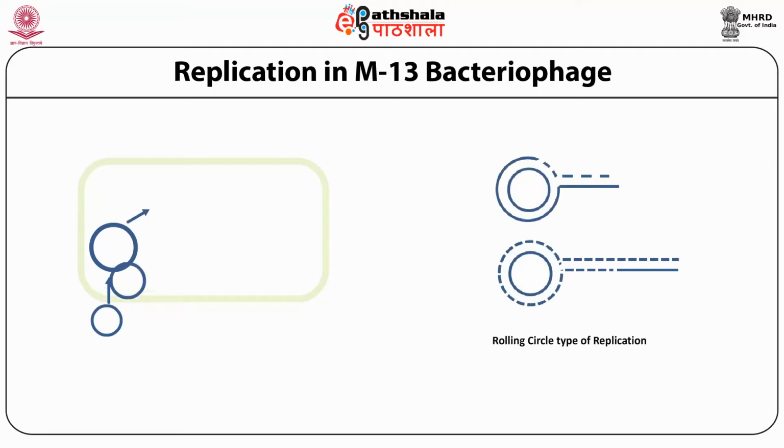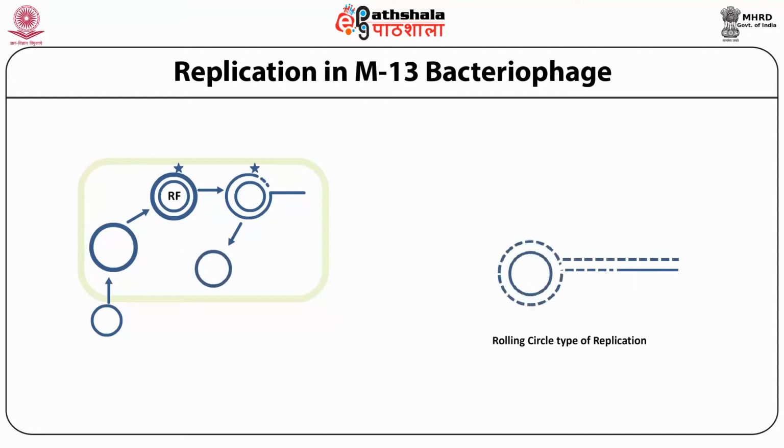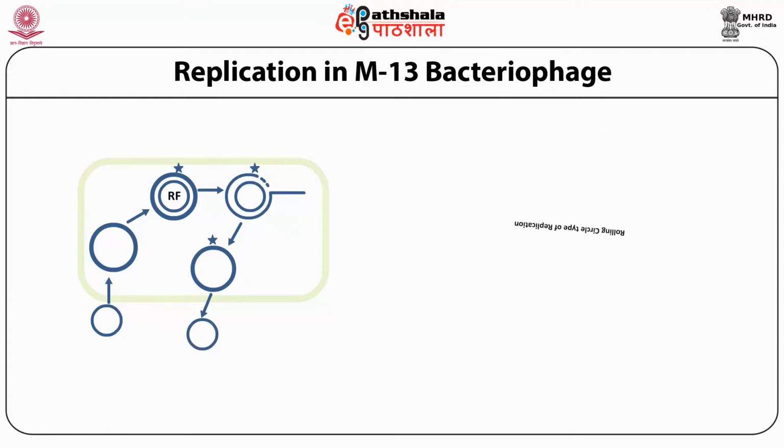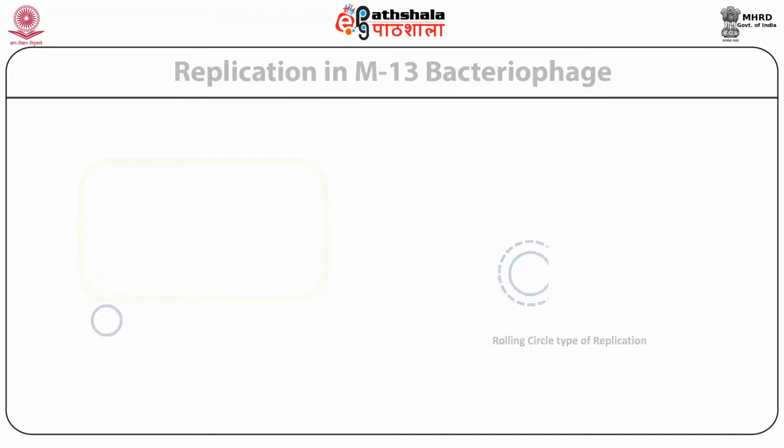RNA polymerase and DNA polymerase III then replicate the single-stranded origin or SSO DNA to make another double-stranded circle. The DNA polymerase first removes the primer, replacing it with DNA, and DNA ligase joins the ends to make another molecule of double stranded circular DNA.